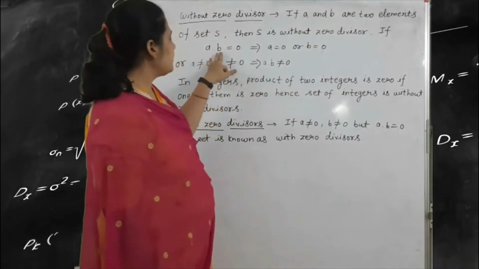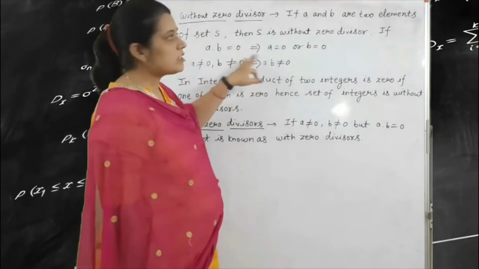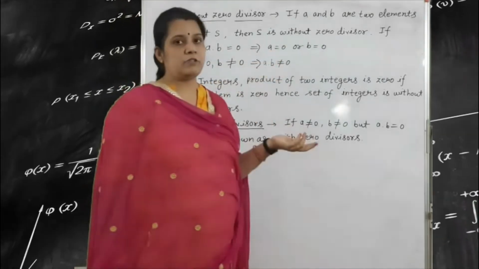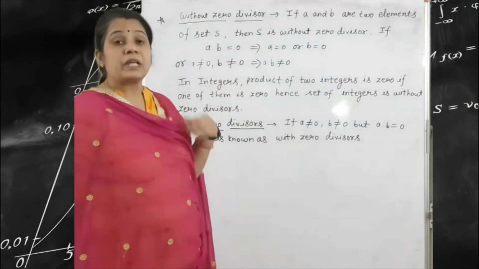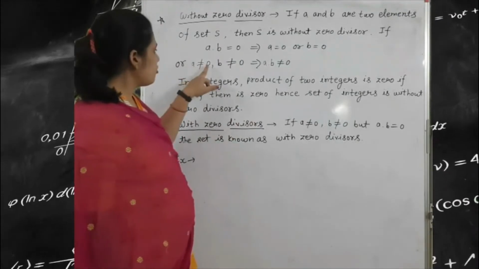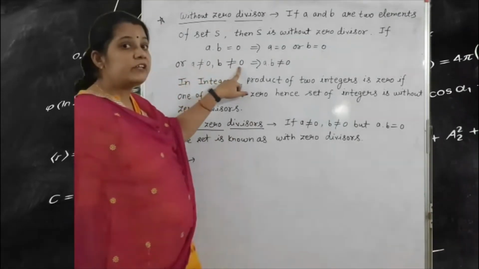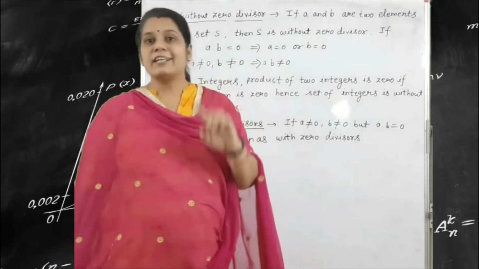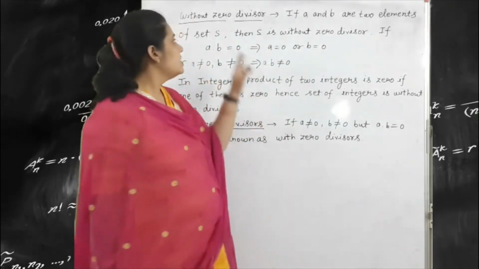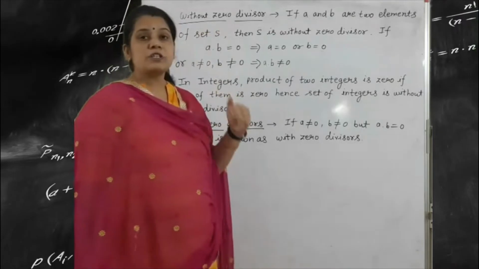That means a·b equal to 0 means a equal to 0 or b equal to 0. If either element is 0, then a·b is equal to 0. In other words, we can say that a not equal to 0 and b not equal to 0 implies a·b not equal to 0. So this is the without zero divisor.